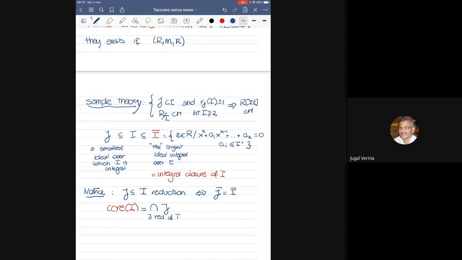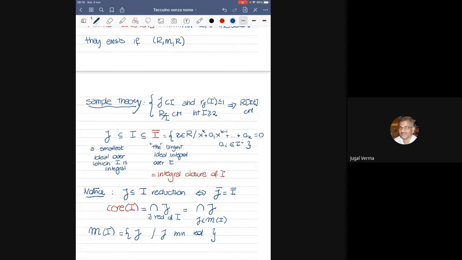And actually, you can even just intersect over the minimal reductions. Let me call it, because this is going to be an important set, like this, and this is exactly the minimal reductions of I. And remember, I assume that now my ring is local, so I have a lot of minimal reductions.